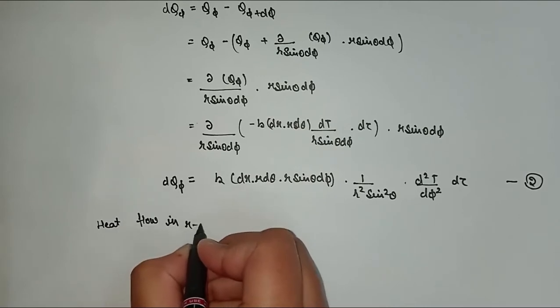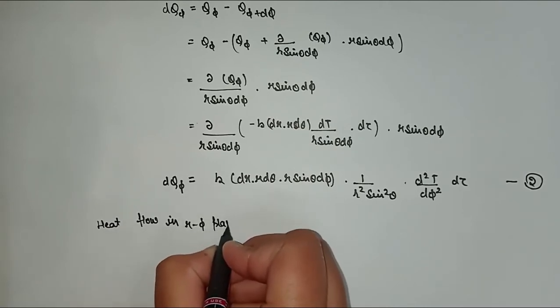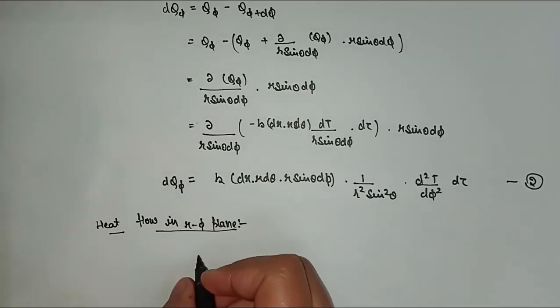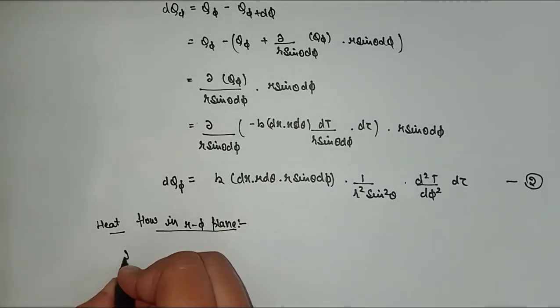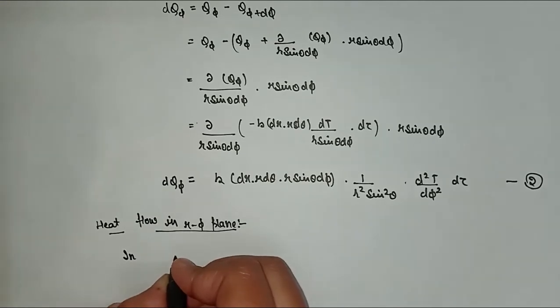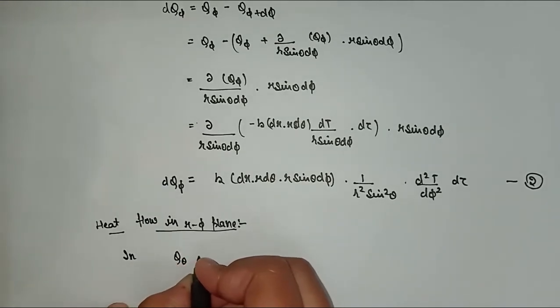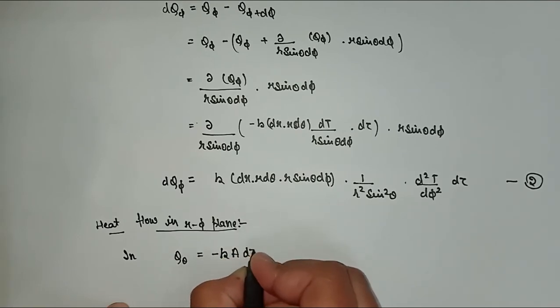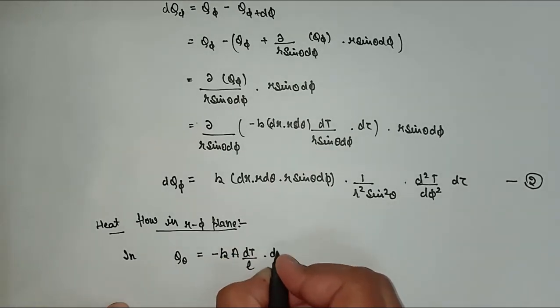Now let's calculate heat flow in the r phi plane. For the r phi plane, the theta plane will be perpendicular. So the heat that goes into the system will be Q theta and its value will be minus K A dt upon L into d tau.